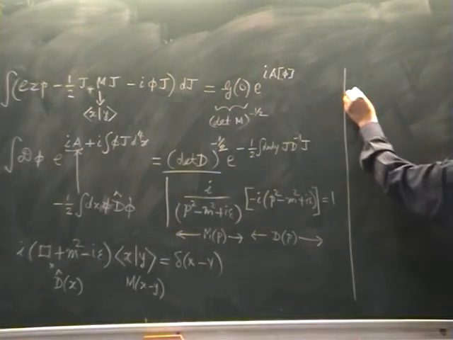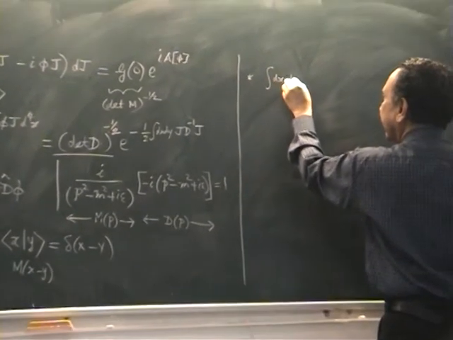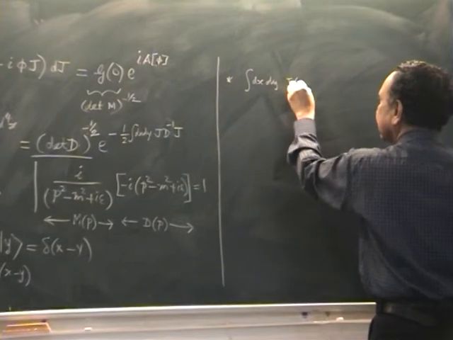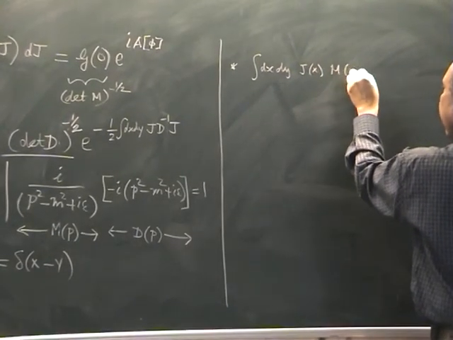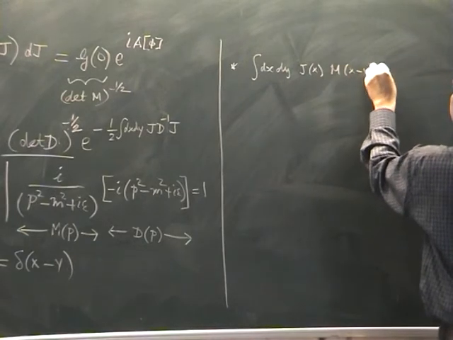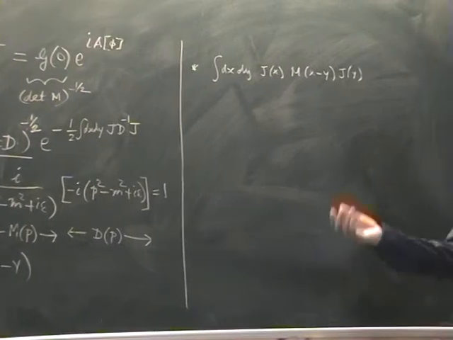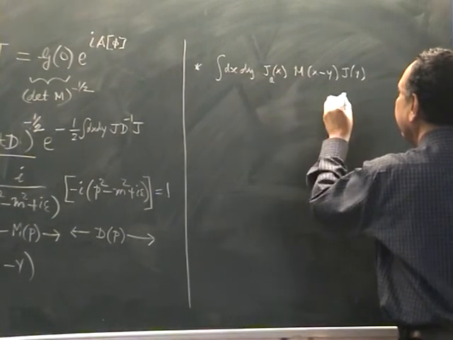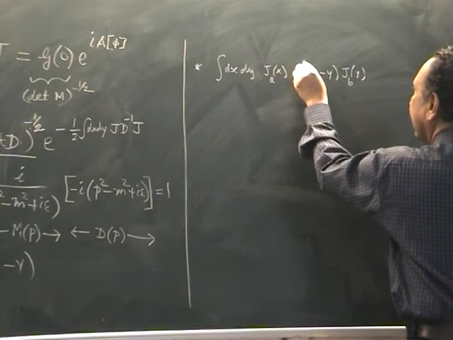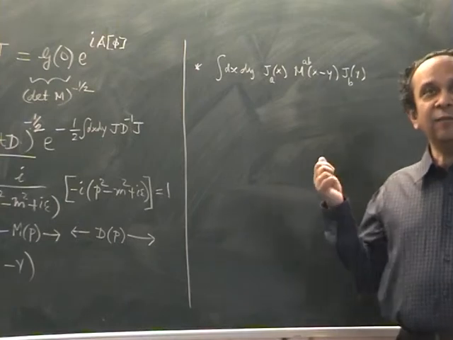In toto, it is going to look like integral dx, dy, j at x, some m at x minus y, j at y. This is when j is a scalar. Suppose j is a vector, you add a vector index here, ja, jb and an mab. You can have something like this.